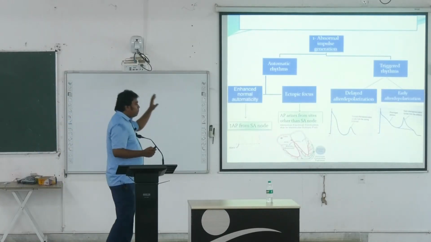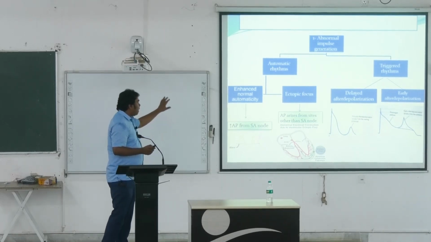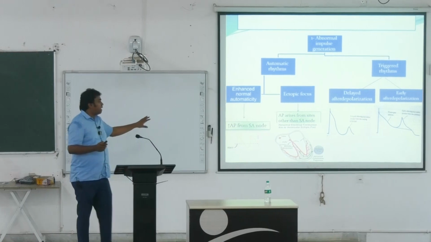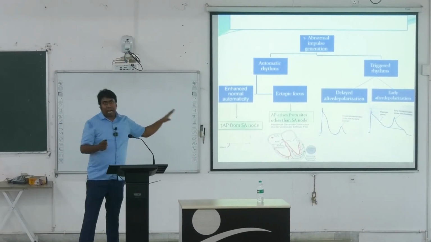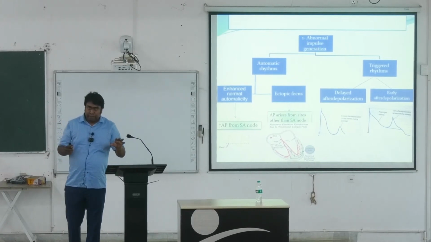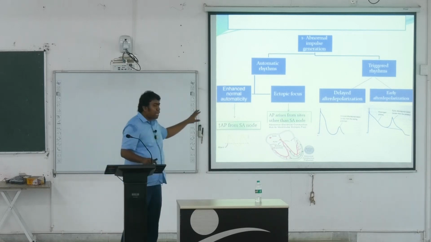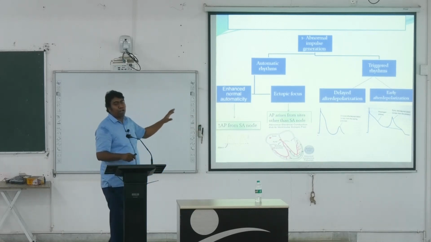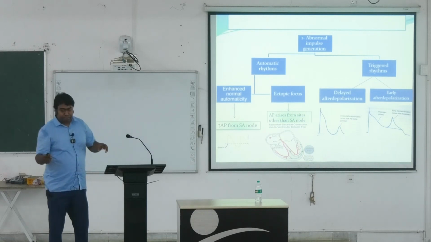Abnormal impulse generation may be automatic, which enhances the normal activity with increased action potential from the SA node, or from an ectopic focus. Other than the SA node, it is called an ectopic focus, which may be in the atrium or the ventricle.